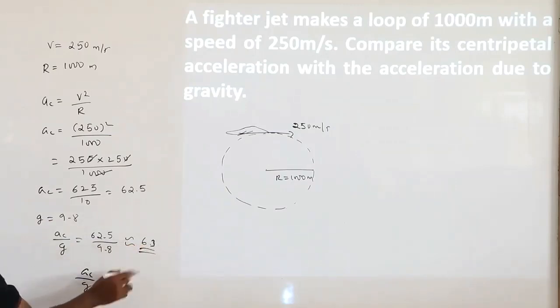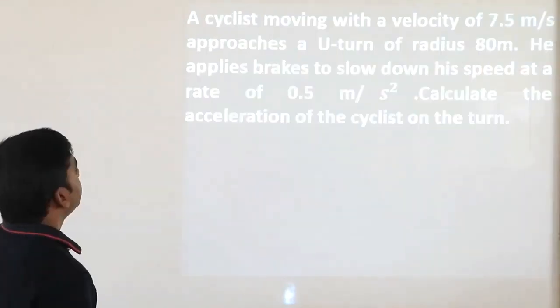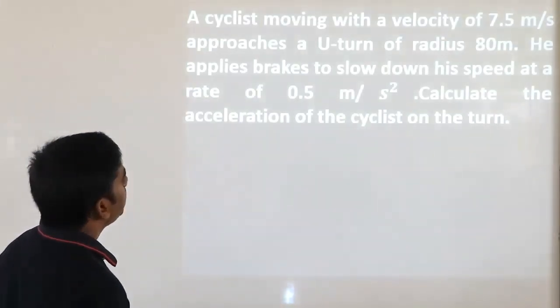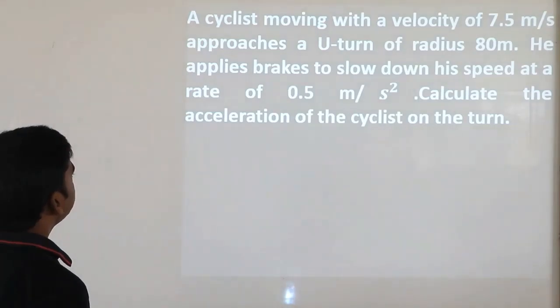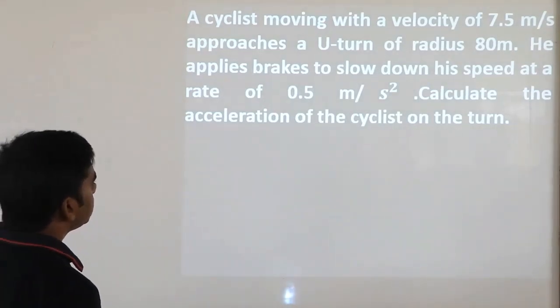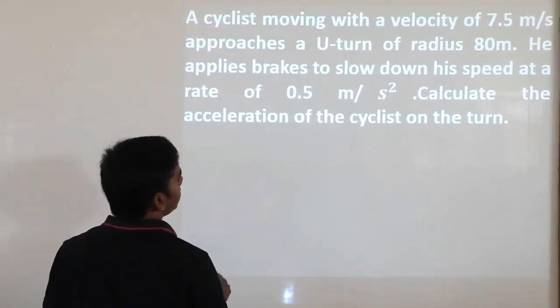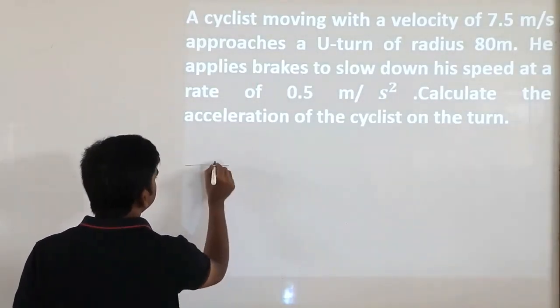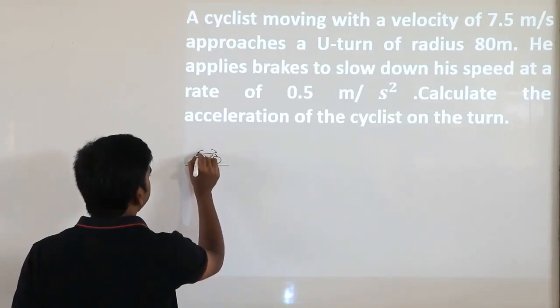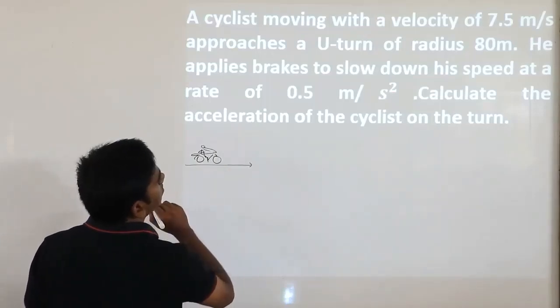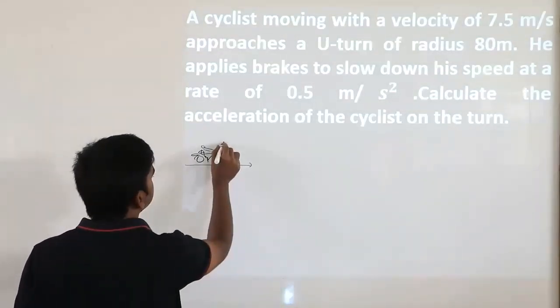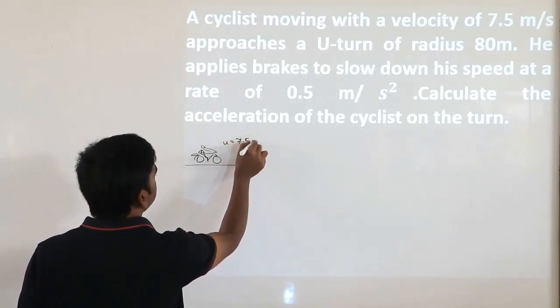Whatever. So next question: a cyclist moving with a velocity of 7.5 meter per second approaches a U-turn of radius 80. So there is a cyclist, moving with velocity of 7.5 meter per second.